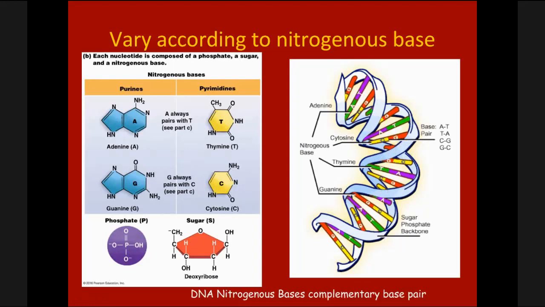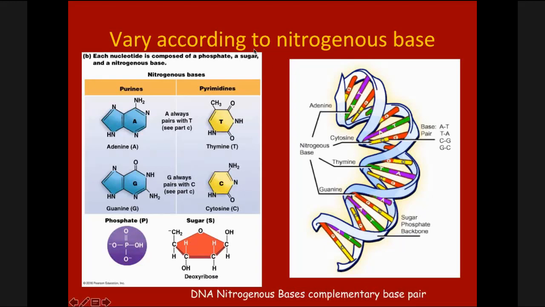What we call the backbone of DNA is sugar phosphate, sugar phosphate, sugar phosphate. The sugar phosphates are the part of the nucleotides that bind to each other. And then they project their nitrogenous bases towards the center of the molecule. Notice how 2 nitrogenous bases will form little hydrogen bonds between them.